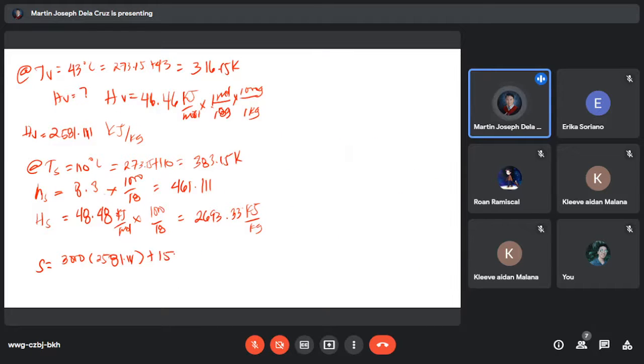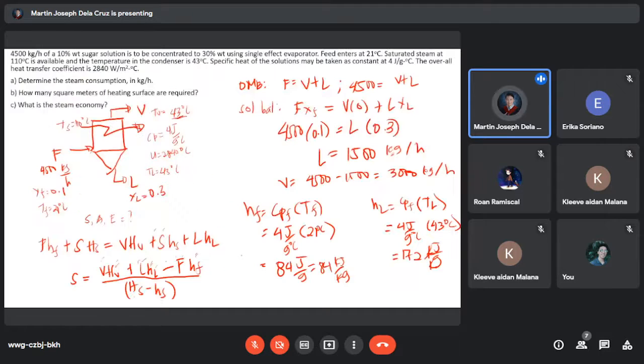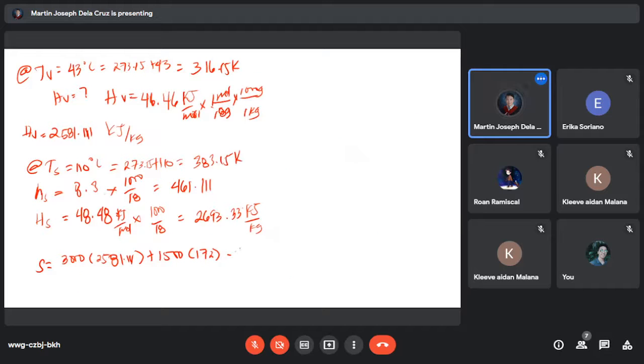So 1,500 plus 172, and then minus FHF, which we have as 4,500 times 84. Divide by the difference of the enthalpies of the steam.